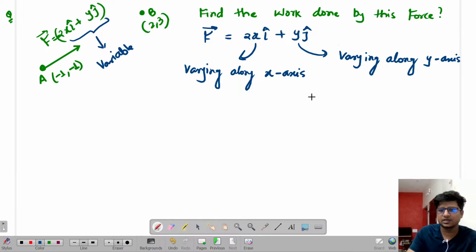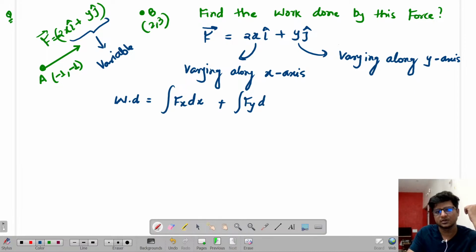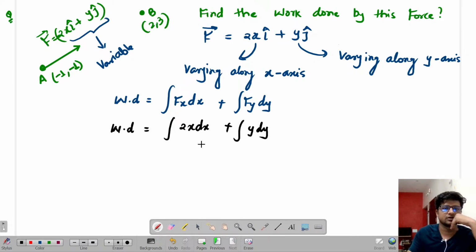As this force is varying along two dimensions, I'll use the formula of work done: integral of Fx dx plus integral of Fy dy. Is that clear or not? So work done equals integral of 2x dx plus integral of y dy, because this is F of x and this is F of y.